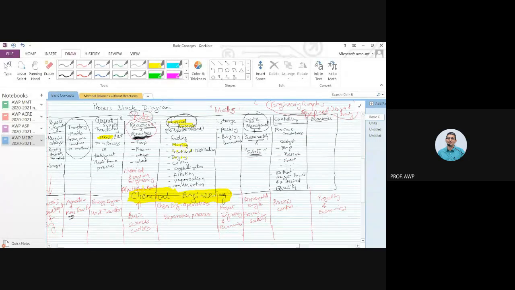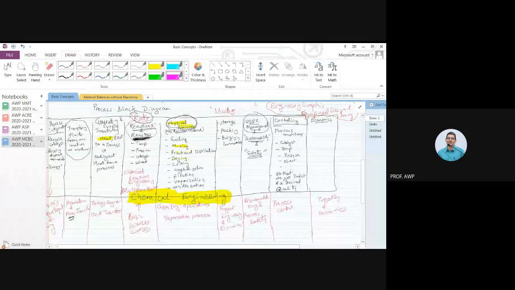All these different branches, they are all going to talk about their specific products. But we as chemical engineers can look at any of these products from a unified perspective.